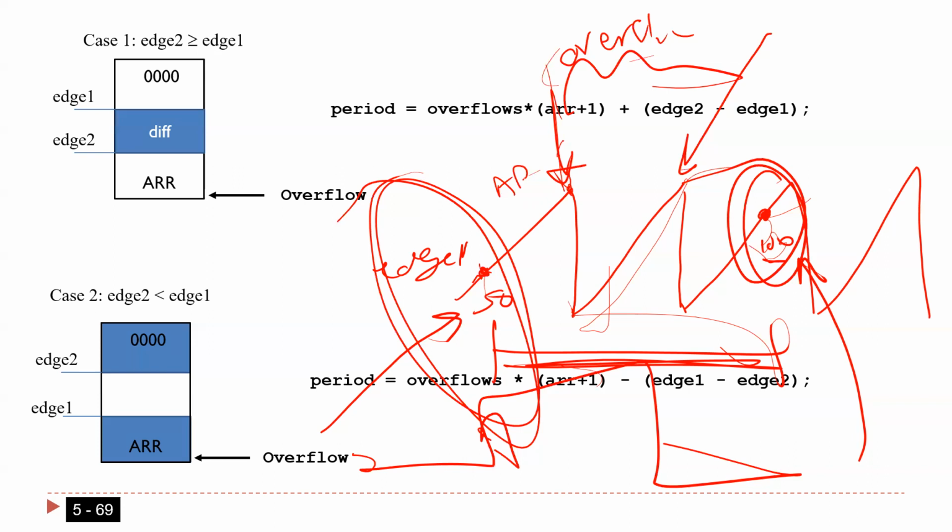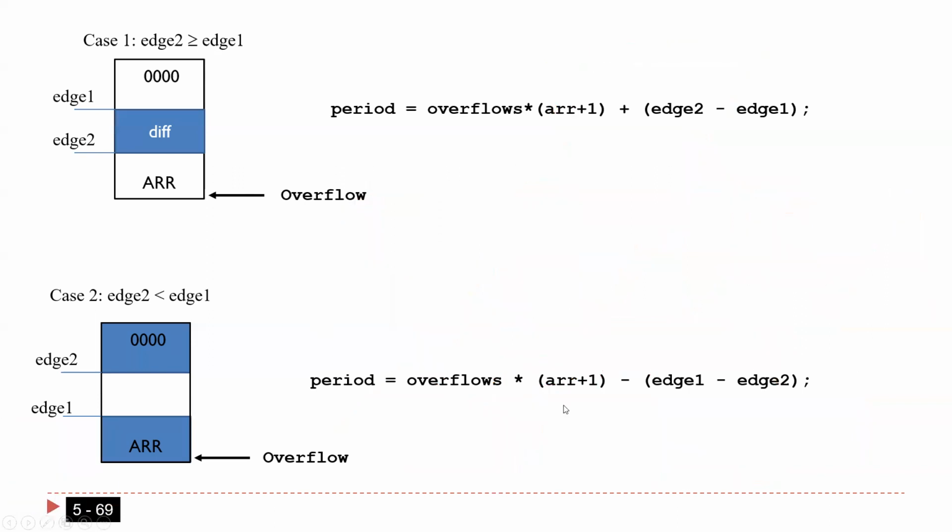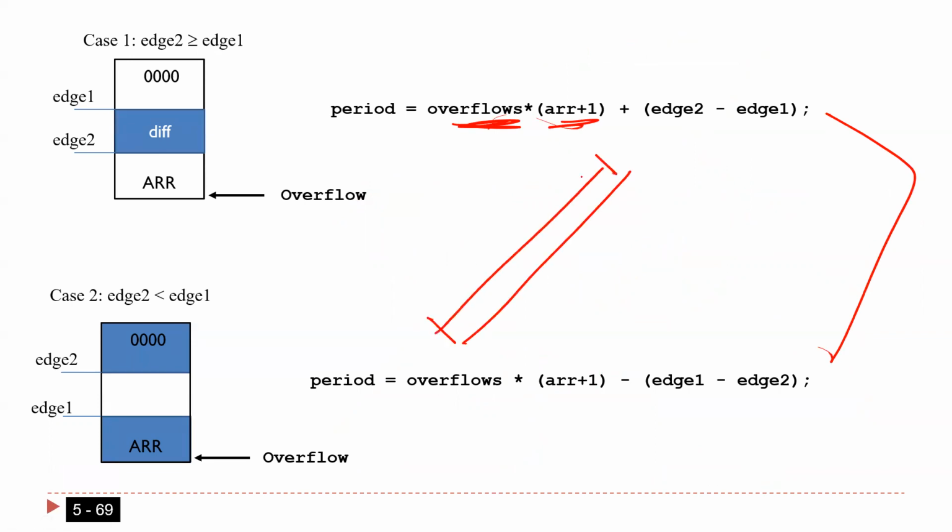Okay. If you look at the 2 formulas, they're almost the same. Guys, every time there is an overflow, if it is a complete overflow, complete means you count from here to here. That means you counted ARR plus 1.